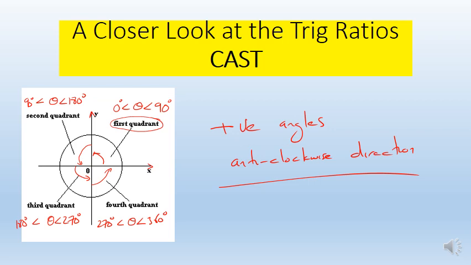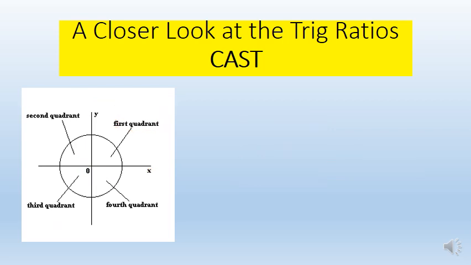So the next question we'll ask is, can we now work with negative angles, and what does that mean in terms of direction? And more importantly, what does it mean for trig ratios? Okay, so there are no prizes for guessing. When we look at negative angles, it's really nothing more than changing the direction.